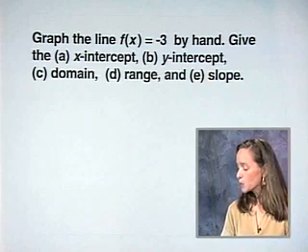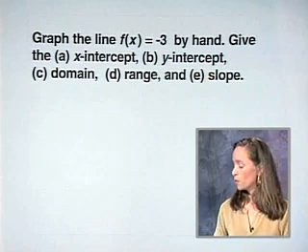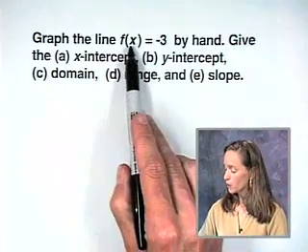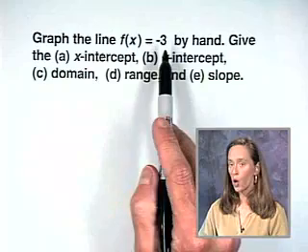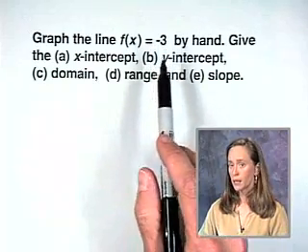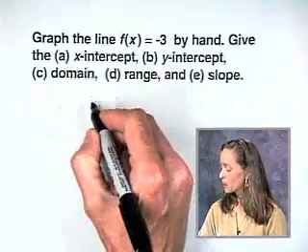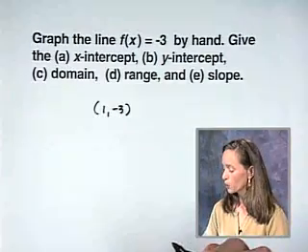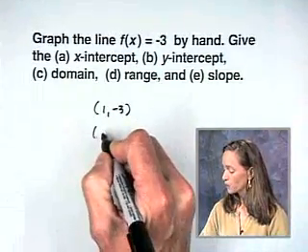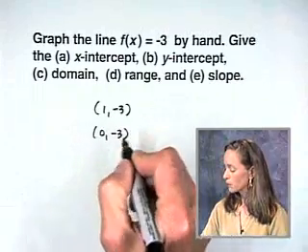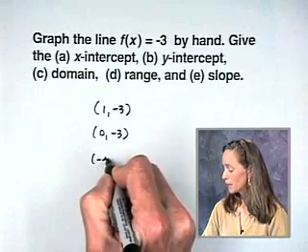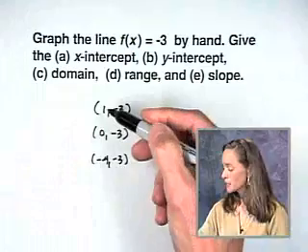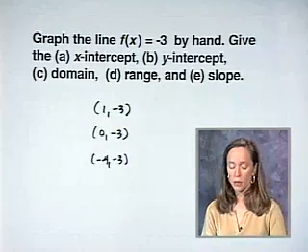To graph this particular line, for any x value, the y-coordinate will always be -3. 3 ordered pairs might be anything with -3 as the y-coordinate. We'll use 1, -3, 0, -3, and -4, -3. These x's are chosen arbitrarily.